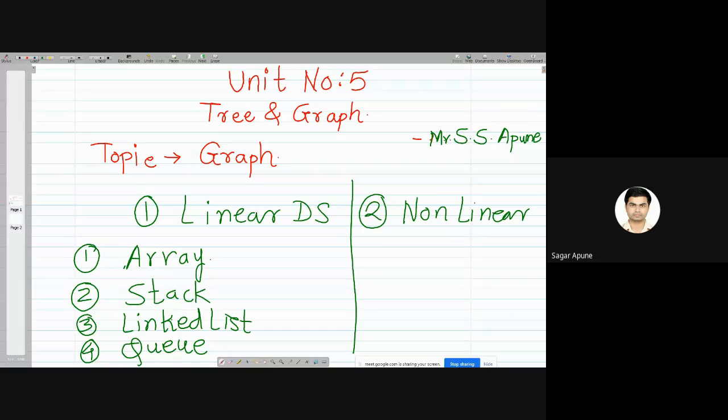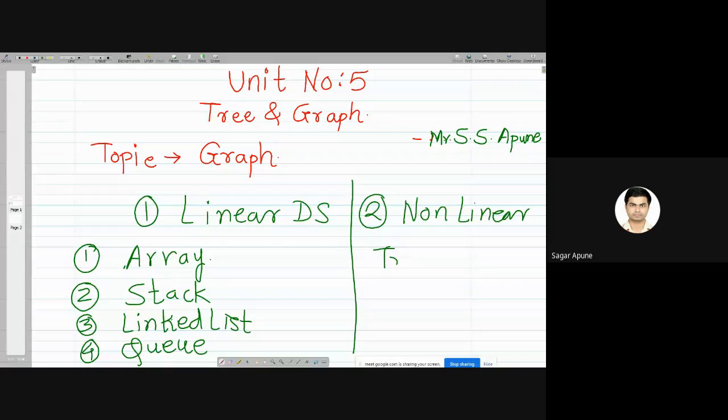Okay, stack and queue. So these all data structures are in the form of linear data structure, means all elements are in an ordered manner, means one by one element is stored inside array, inside stack, inside linked list and queue.